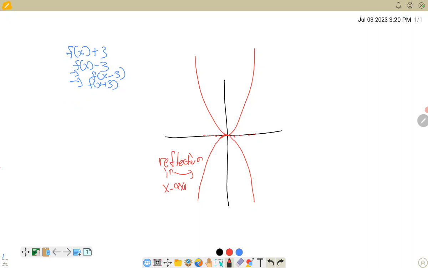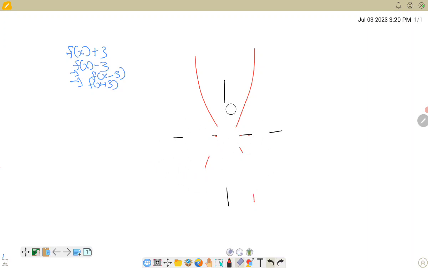I'm going to go back again so that we can see all of our problems. The next one, I believe, is going to ask us, as I recall, to reflect about the y-axis.